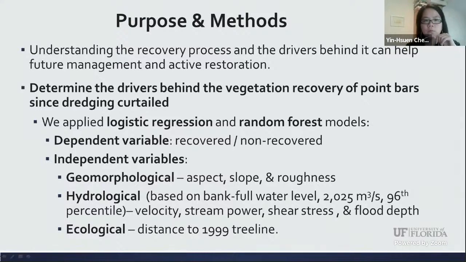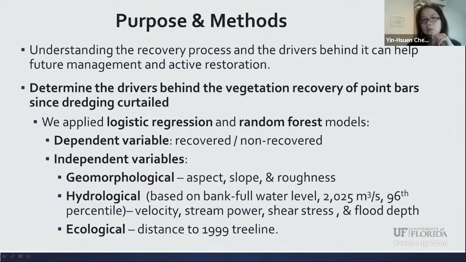We can separate them into 3 types. The first type is geomorphologic: we use a digital elevation model to create layers for slope, roughness, and aspect. We also apply a hydraulic model we developed in a previous paper, which provides the flood depth, velocity, shear stress, and stream power at the bankfull water level. What is the bankfull water level?